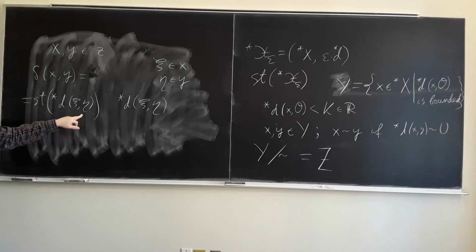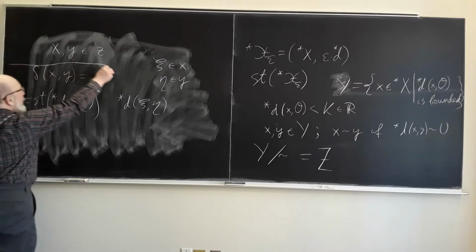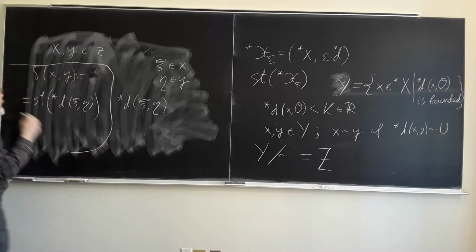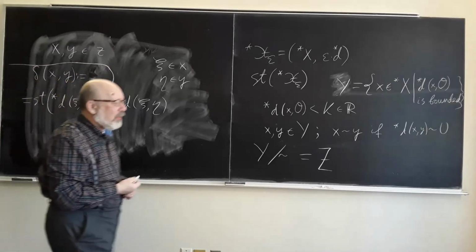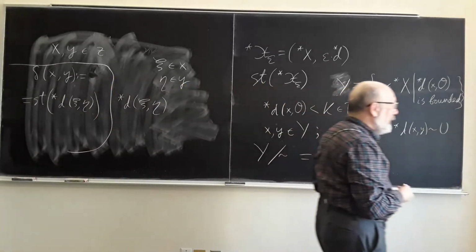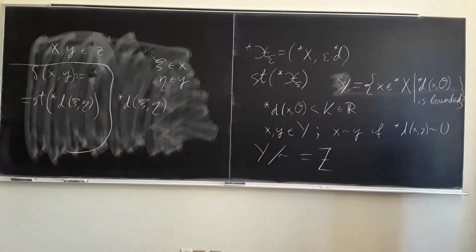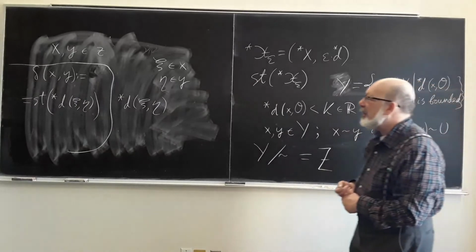First of all, it is finite. And second, the standard part will not change. So the standard part is much coarser. It's a sort of coarse graining of non-standard numbers. So this definition is a correct definition of the new distance. It is trivial that this is a distance.